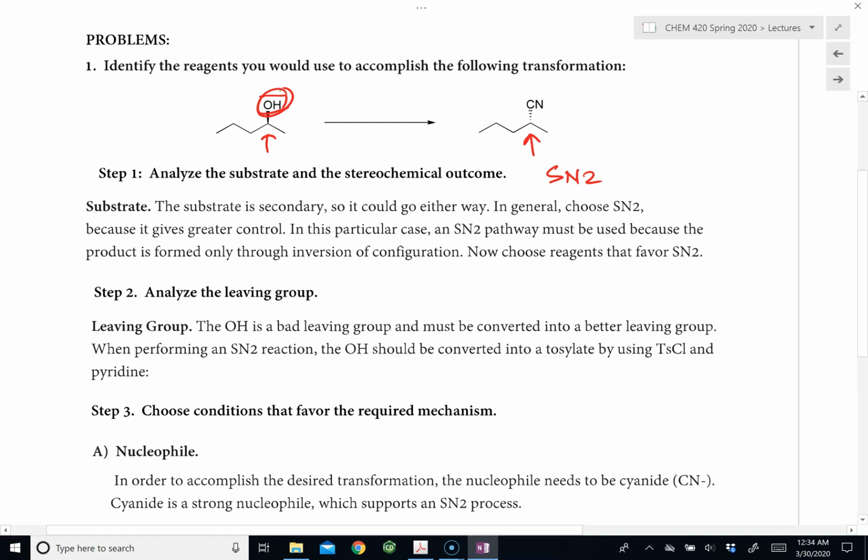Since we are performing an SN2 reaction, we will need to use tosyl chloride to convert this into a tosylate group. If we were to do an SN1 reaction, then we can protonate this. In this case, since the reaction that we need to do to obtain the correct stereochemical outcome is an SN2, we have to use tosyl chloride to convert the hydroxy group into the tosylate group.